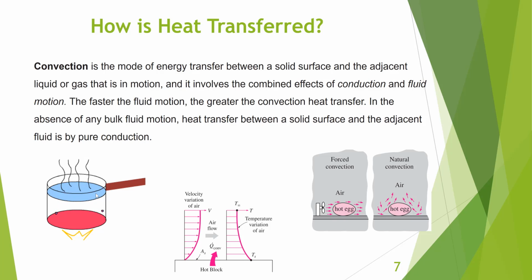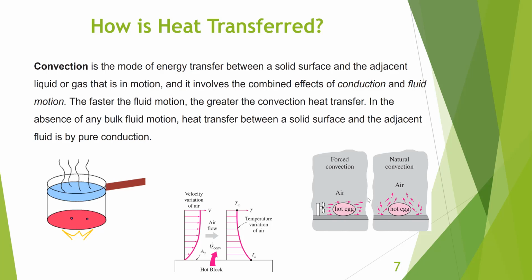So if you look at this example, in this hot block with air circulating at the surface, you have this phenomenon of convection. In this case, we have two kinds of convection. The natural convection, when you have air or a fluid near a heated surface, you will get this natural circulation due to the difference of density between cold and heated air.